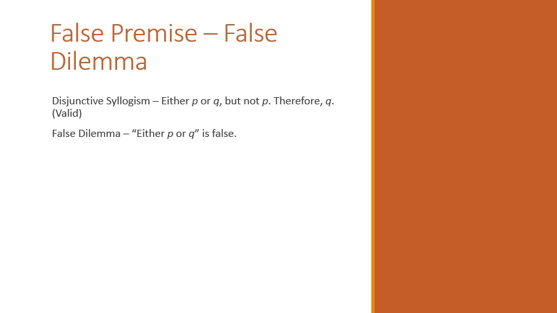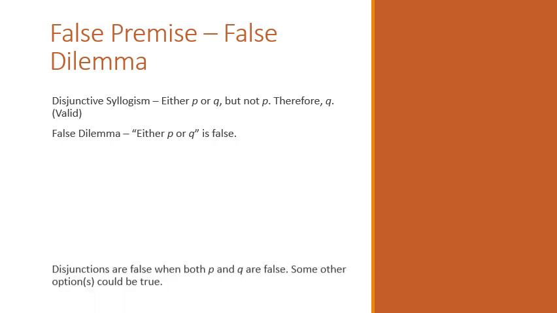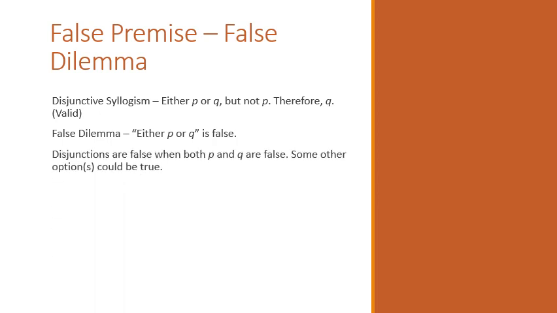So how is it possible for a disjunction to be false? Well, a disjunction can be false when it turns out that both the P and the Q, both of what we call the disjuncts, are false. This can happen when there's some third or fourth or fifth option that could turn out to be true, right?